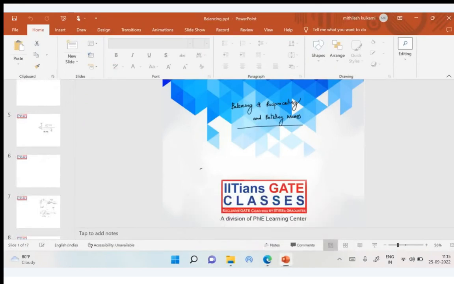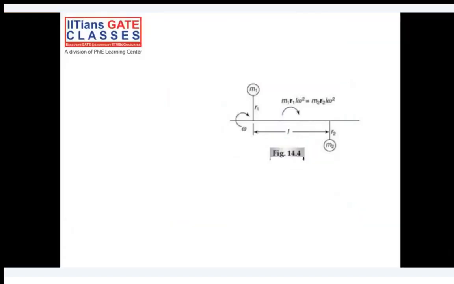So here, if I put one mass, let's say it is MC1, and here MC2, at distances RC1 and RC2. What kind of couple would I expect? I would expect a counterclockwise couple. Do you agree?